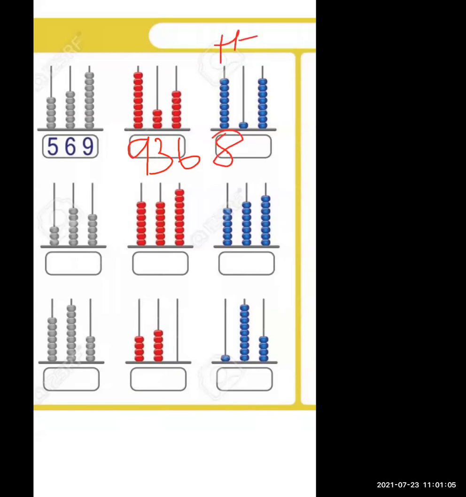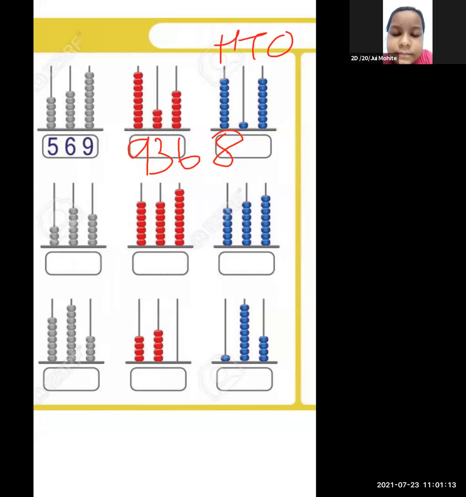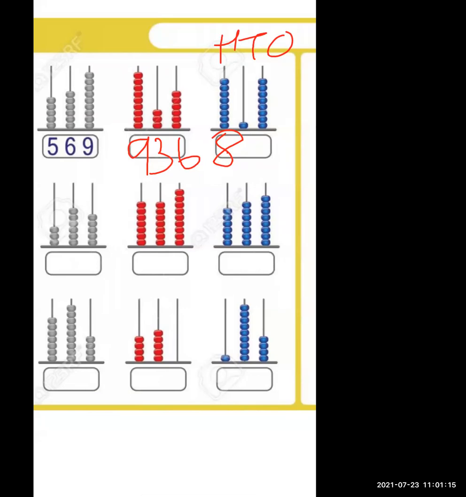These are hundreds, tens and ones. Correct. 800. How many tens? 1. And how many ones? 8 ones. So what number will we get here? 818.